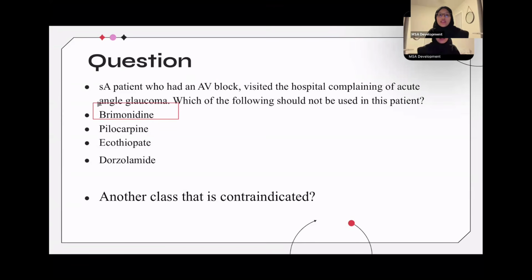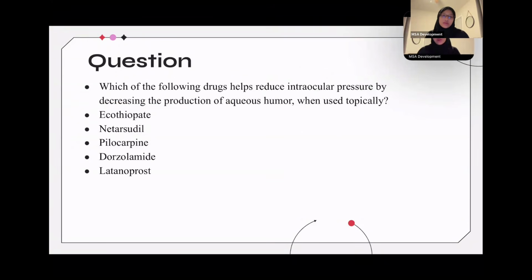So alpha-dine. Okay, we talked about that. Another class that is contraindicated is beta blockers. If you see beta blockers plus alpha, go for beta blockers. Beta blockers are the more correct answer. But if you don't see it, alpha works too for this. Okay, but beta blockers should be the first contraindication because beta blockers will cause heart blocks anyway and asthma problems.